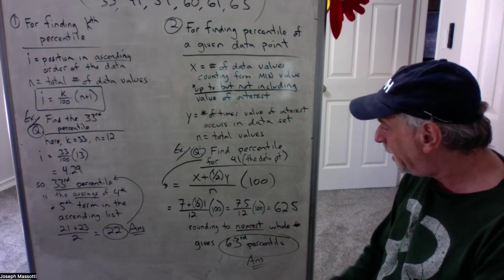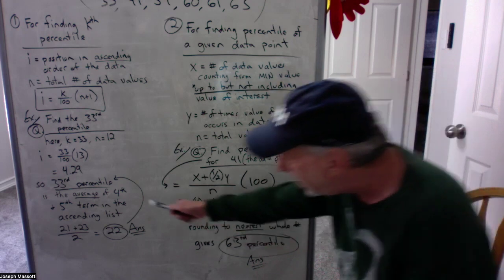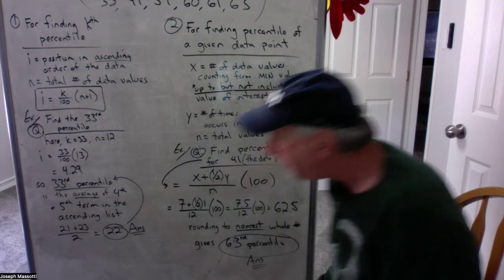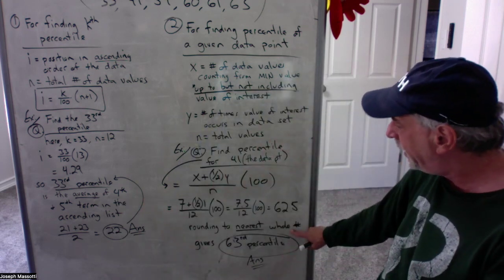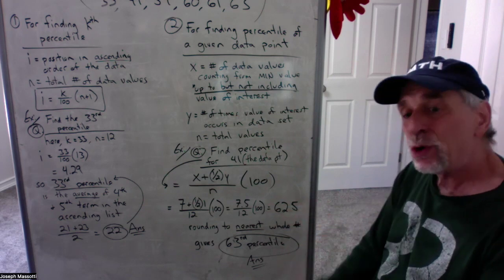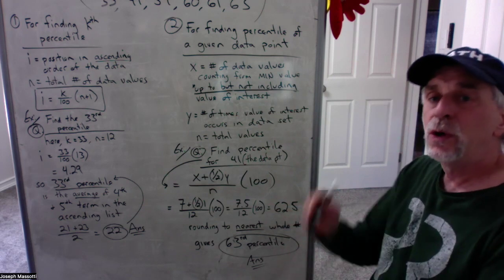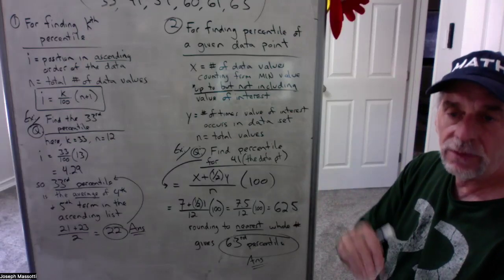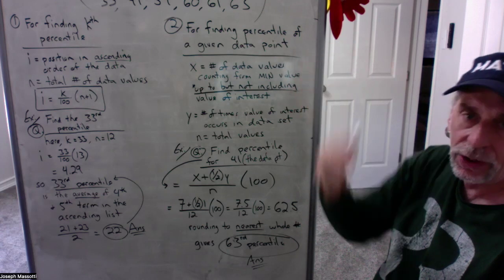So in this case, it's the rounding here. We took the average if it came out between two terms. We took the average of those terms. Here we're going to go to the nearest whole number with what we get here. And remember your rounding rules. 4 and below, you round down. 5 and above, you round up.